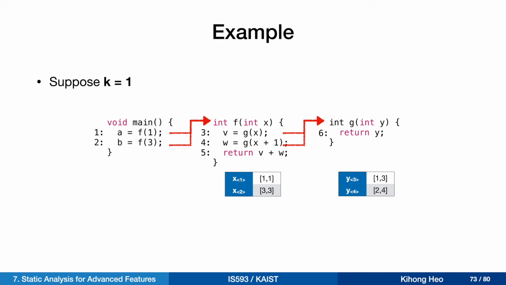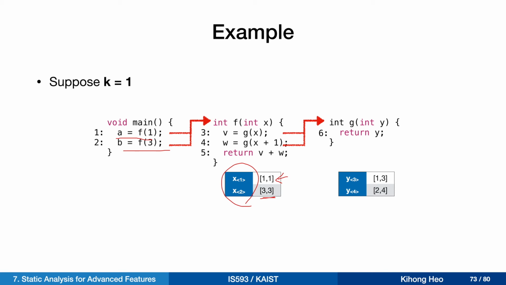First, in function f, the analysis completely separates the instances of x based on the call string, right? Which means that this x is an instance from the call at line 1, and this other x is an instance from the call at line 2.